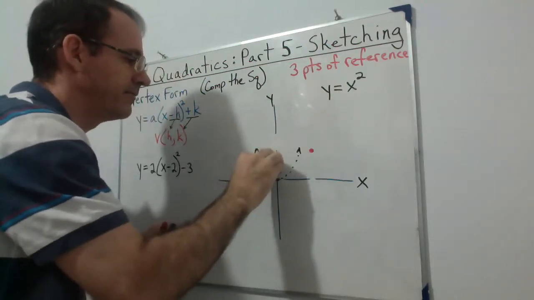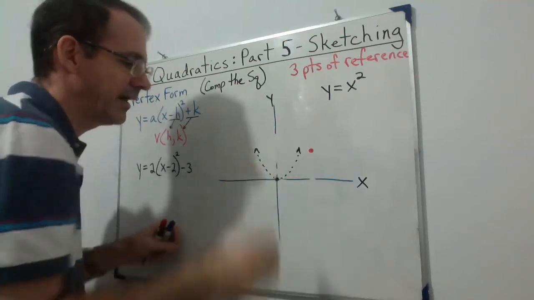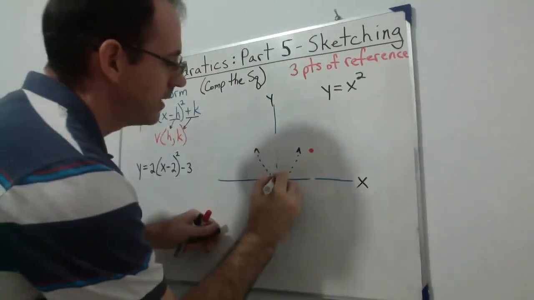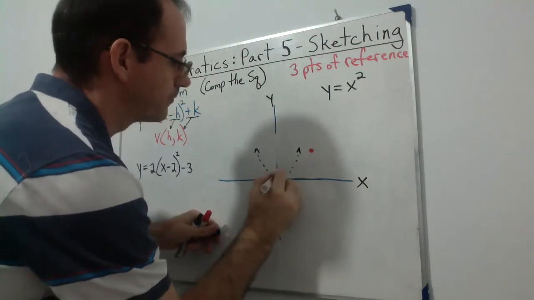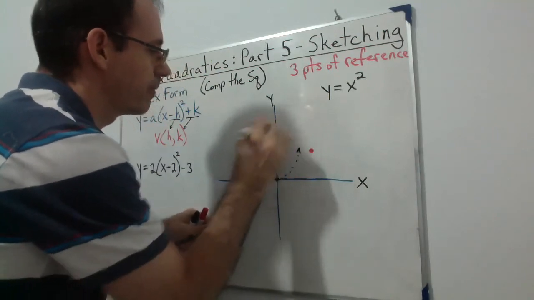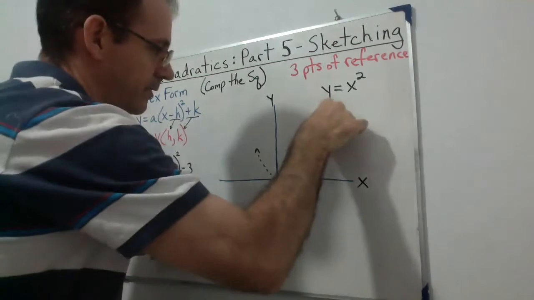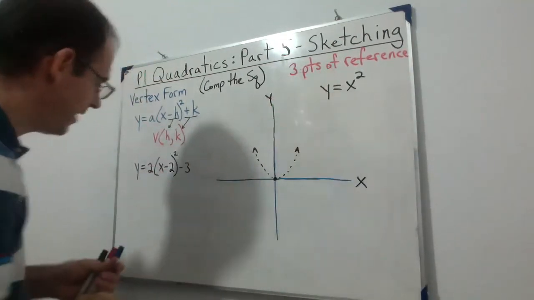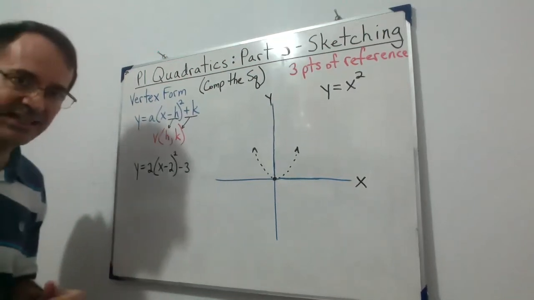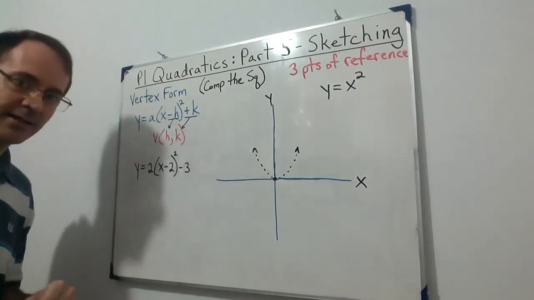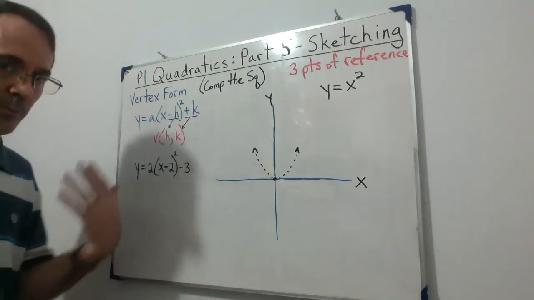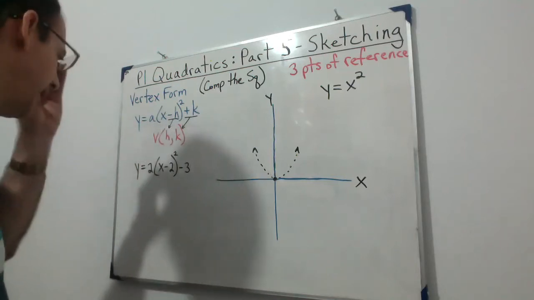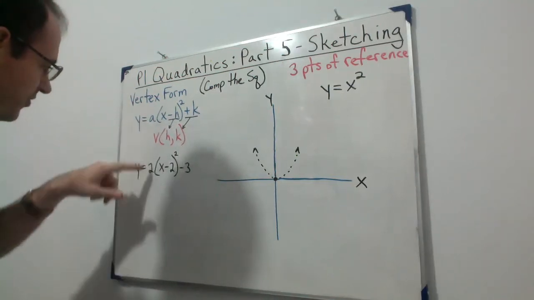So let me get rid of that really quick and restore this back to what we want. Get rid of that. So this is our parent function graph. Now, here is an example quadratic equation that you might be asked to sketch. And if you notice, there's the A in the front.